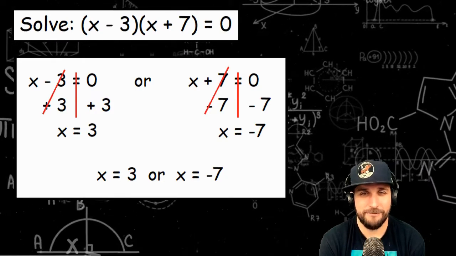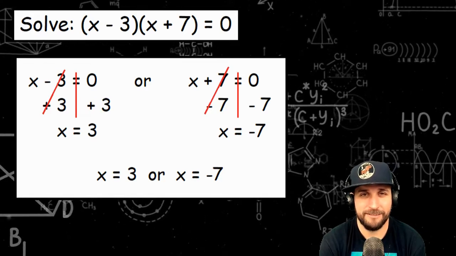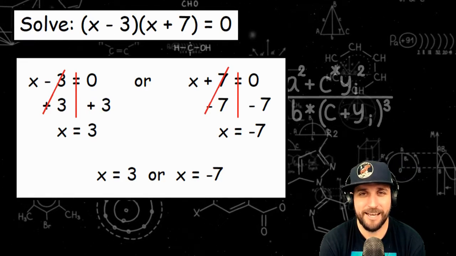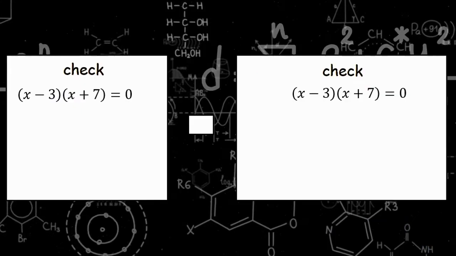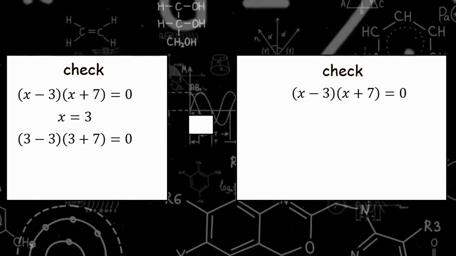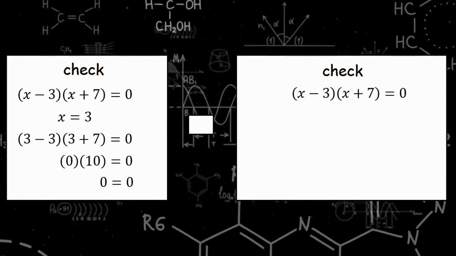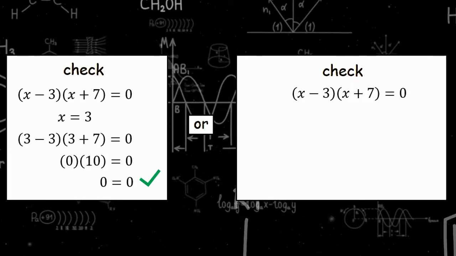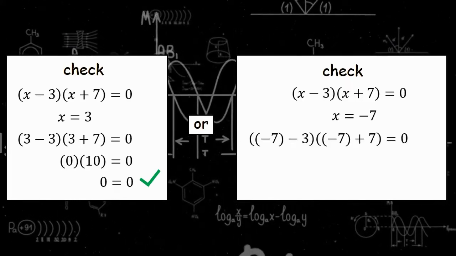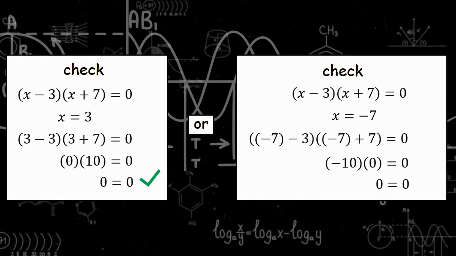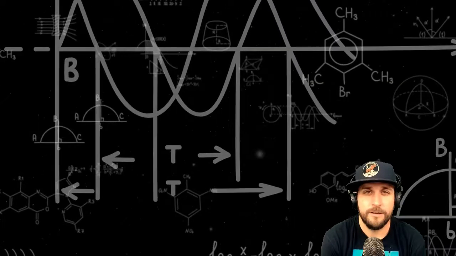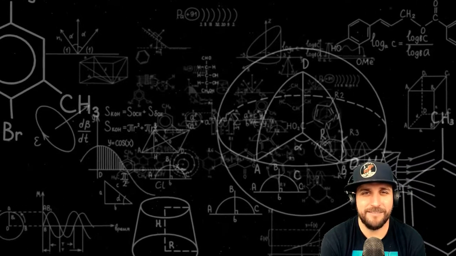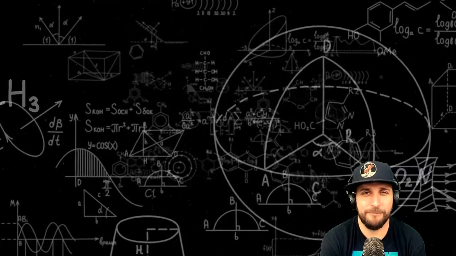So I'll check my answers really fast. Let editing guy handle that. I'll be back. So it worked. 3 and negative 7 were my 2 answers to that problem.